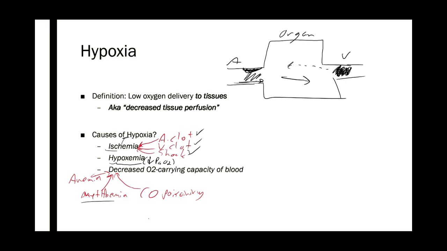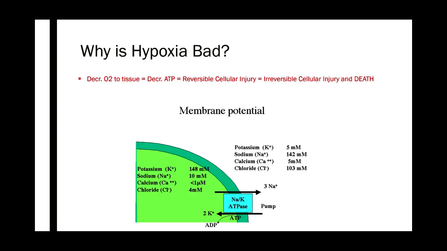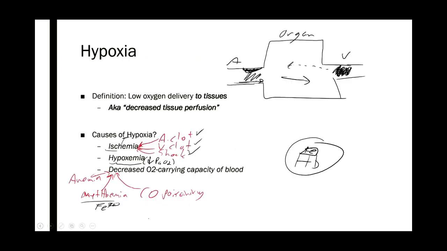Methemoglobinemia is also another cause. That's when you have oxidizing of iron to a 3+ state. Quick refresher: the hemoglobin molecule has the iron at the center of it, and that's what allows it to bind oxygen. And iron can only bind oxygen in the 2+ state.